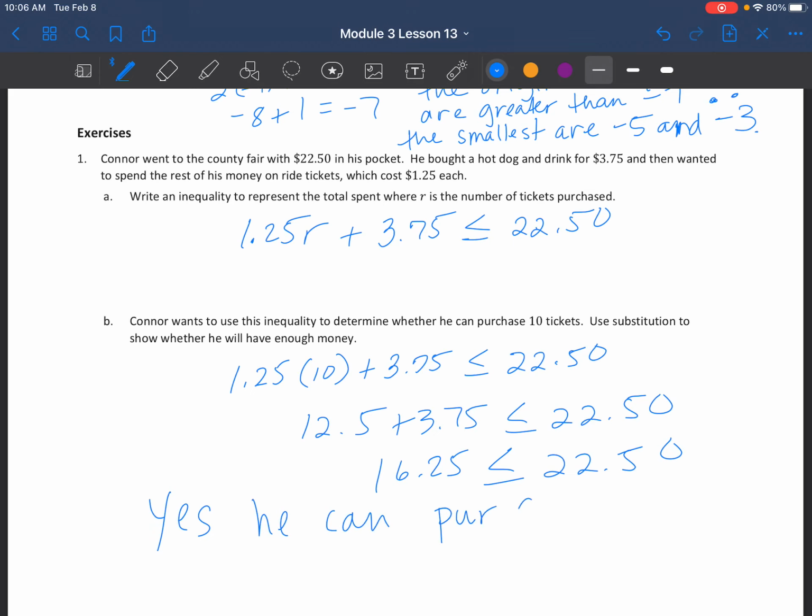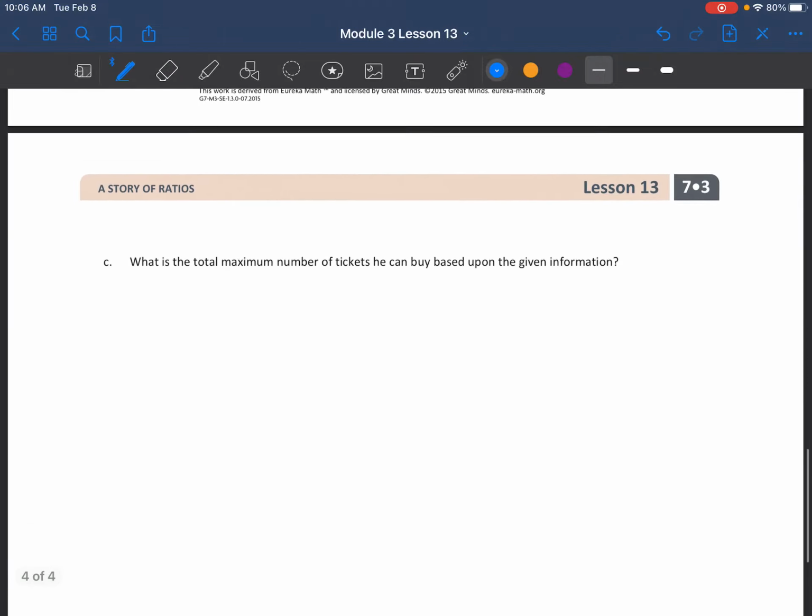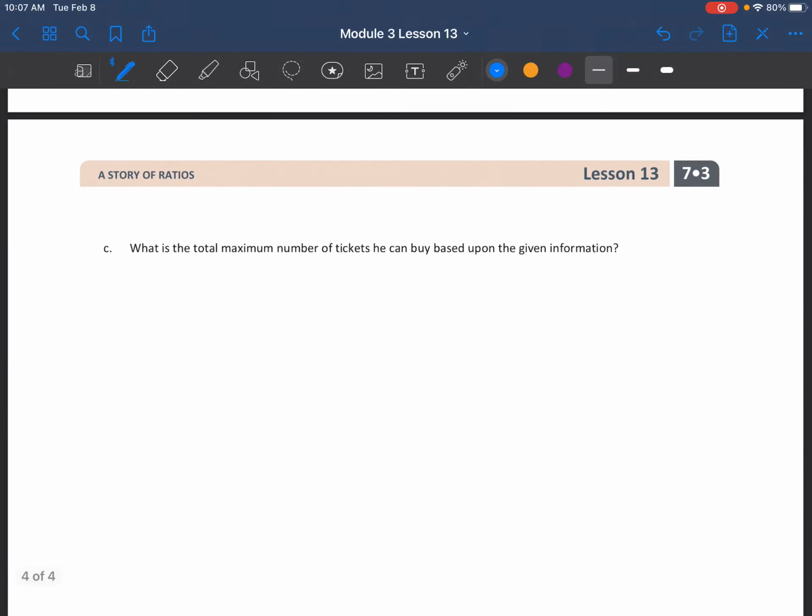All right, so now that we've got that, we're going to add on this side, and we end up with $16.25 is less than or equal to $22.50. So yes, he can purchase 10 tickets. He has enough money. All right, and that's that one.